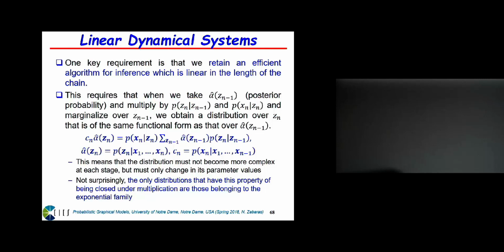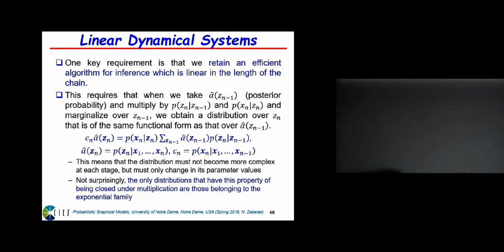You just say this is proportional to that, and you normalize, and whatever you get, that will be the alpha message. But here I'm writing it in a precise form, where this message is the posterior of Zn given all the data, the observations up to time n.